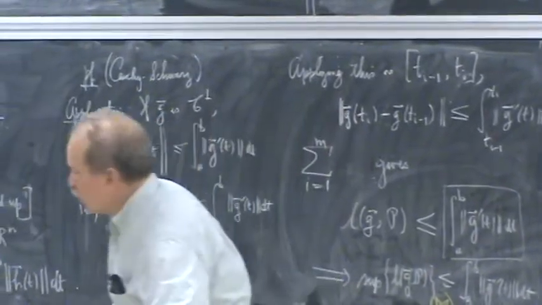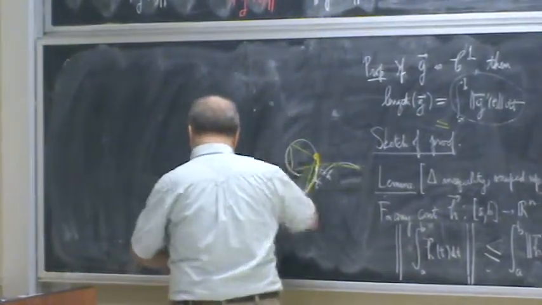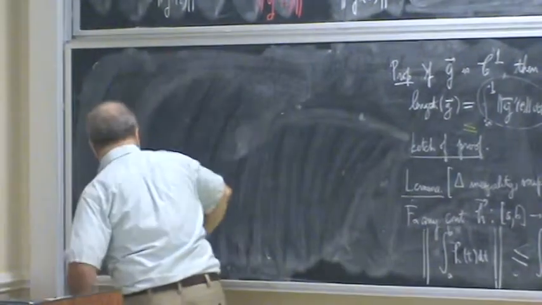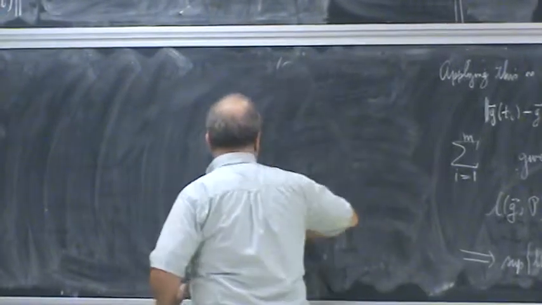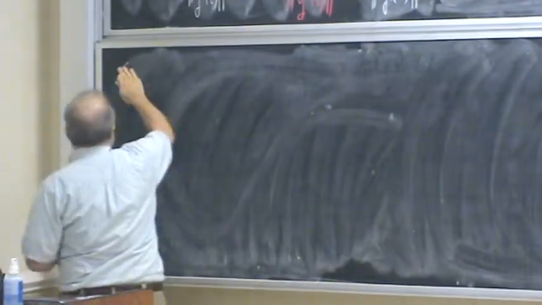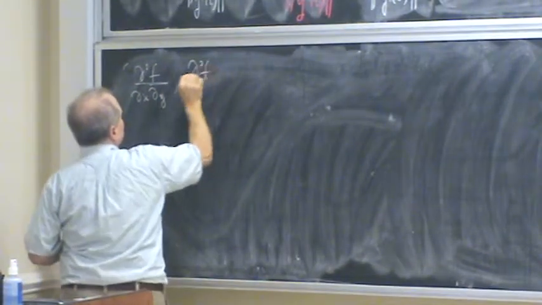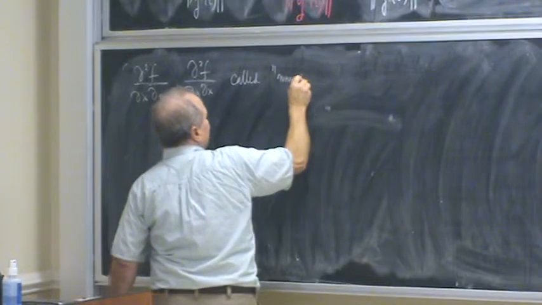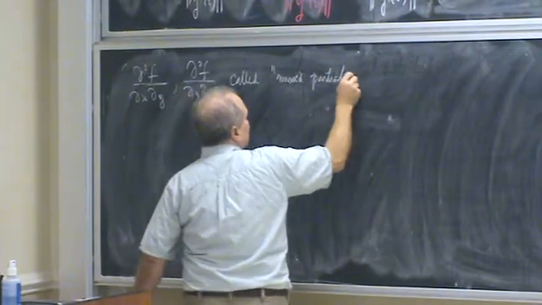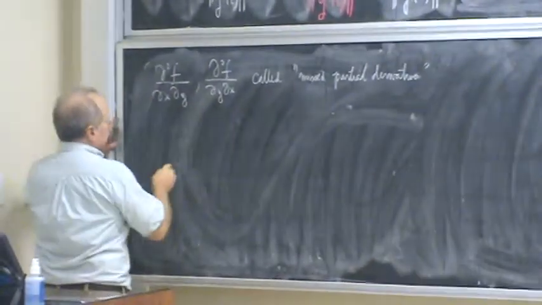So, what are called the mixed partial derivatives, where you do one x and one y, need not be the same.